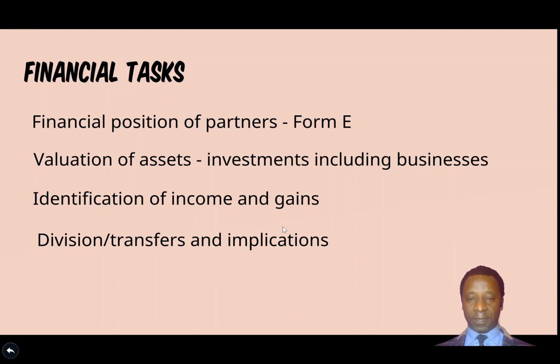So you have your opinion. Of course, before you get to that stage, you would have recourse to all the relevant information. So the key document that the litigants will prepare will be the Form E, which is going to help the court understand their financial position.